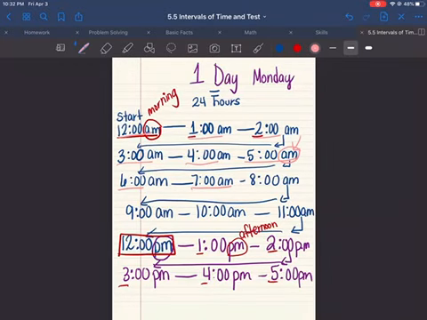At 7 a.m., we begin class. Well, not at 7, but at 7:20, we start class. We eat our breakfast. We start gathering our materials, and we begin with reading, correct? All the way until about 11:25. At 11:25, we start getting ready for lunch, and then it turns into 12 o'clock. And then we continue with the afternoon, which is math.